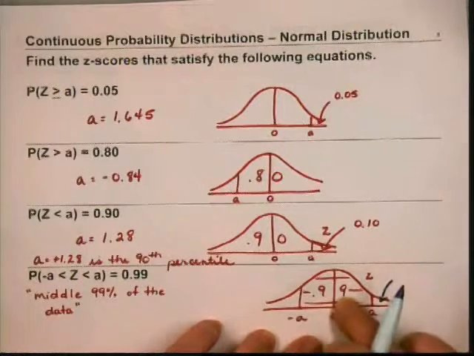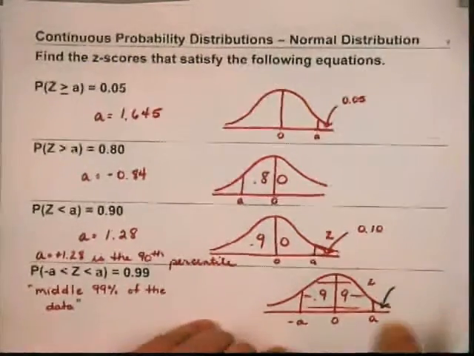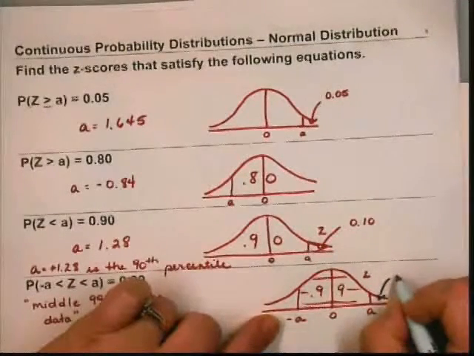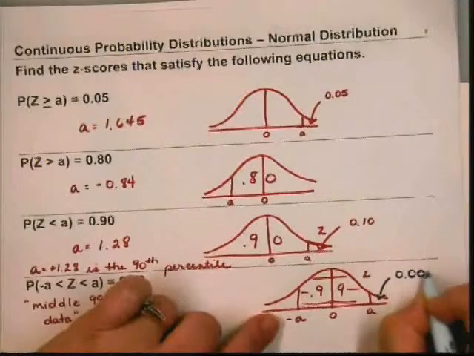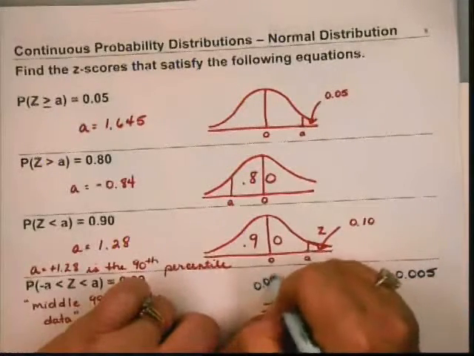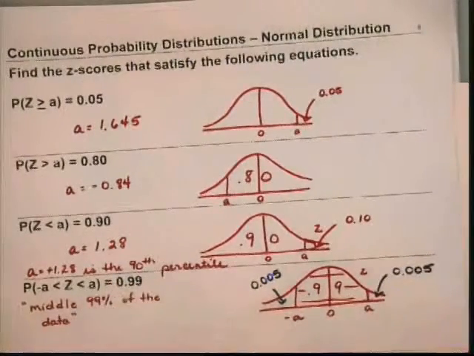Well, 0.99, that means I have 0.01 left over, and I have to divide that evenly between the two ends that are the same size. So this piece is 0.005, and this piece is 0.005. Those three pieces together add up to 1.